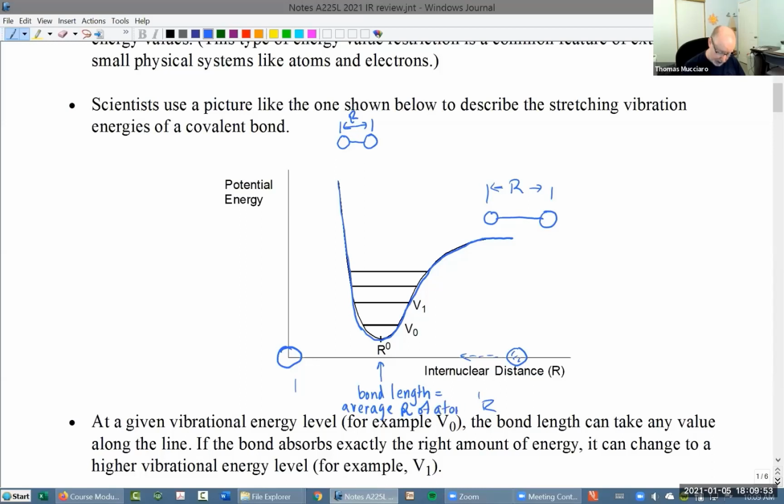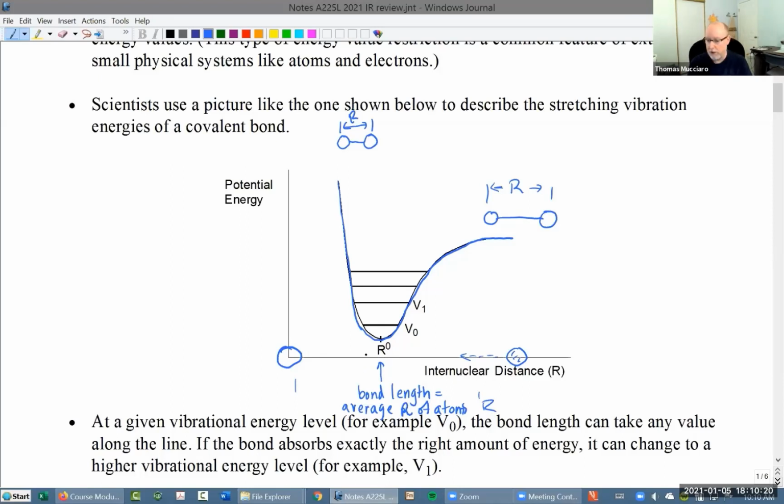In other words, the atoms don't have one fixed distance. They go kind of bigger, they go kind of smaller. So when we talk about a bond length, what we're saying is they go bigger and smaller, but on average, they're about here, right? That's in between the biggest and the smallest. Does that make sense? And that would be the lowest potential energy that bond can have.